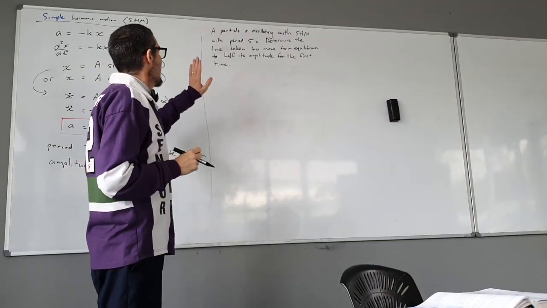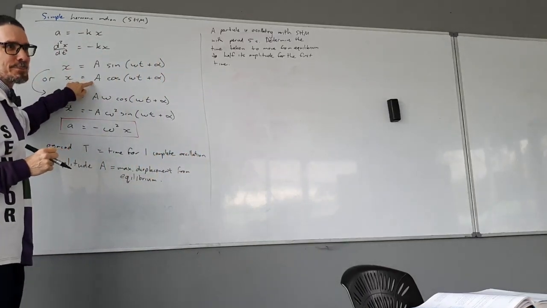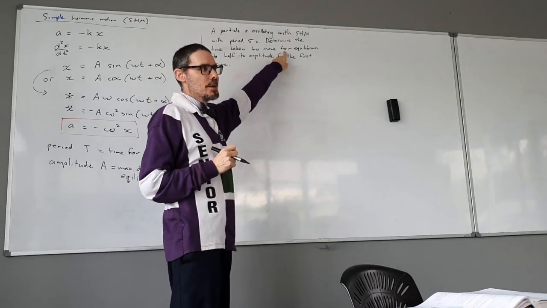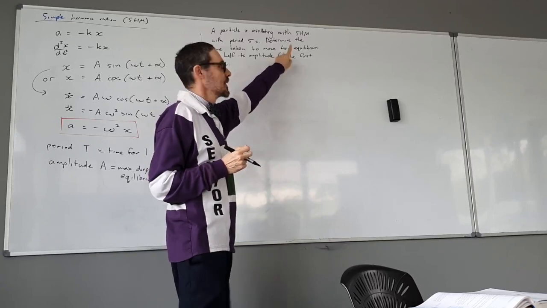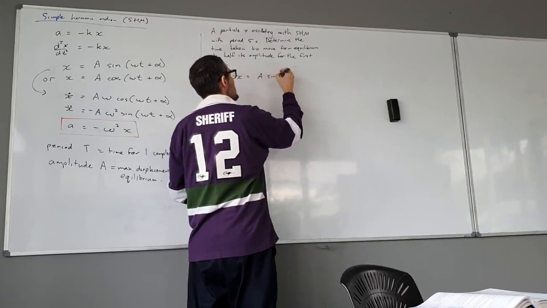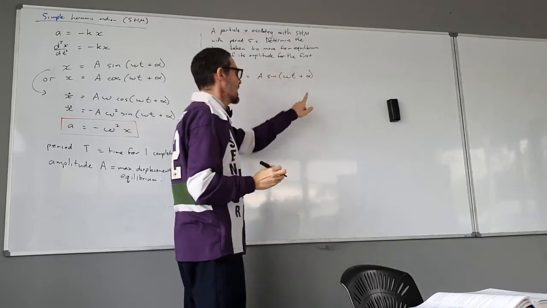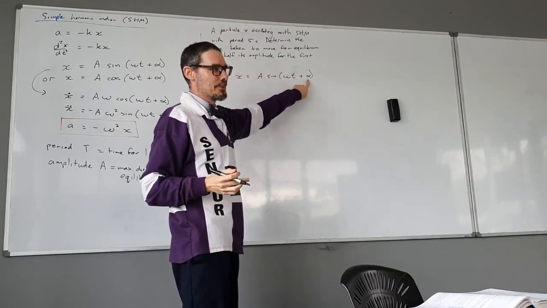So, I can choose either sine or cos, doesn't matter, but I'm moving from equilibrium, so I'm going to choose sine because it starts at 0. So x is something sine omega t plus something. Actually, I know I'm starting at equilibrium, so this is going to be 0.